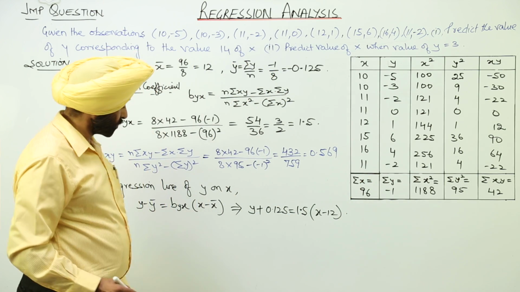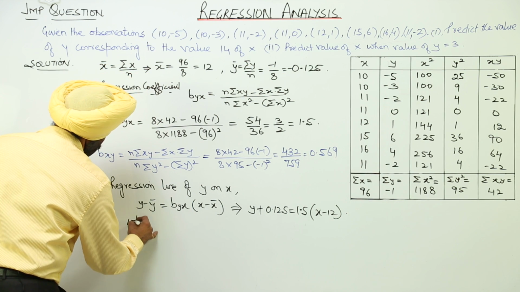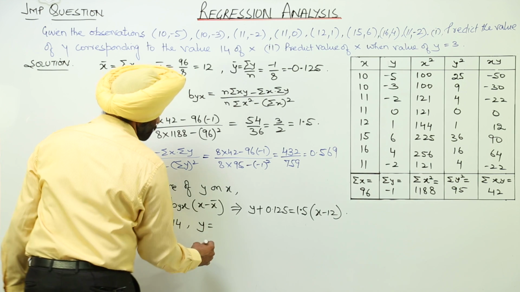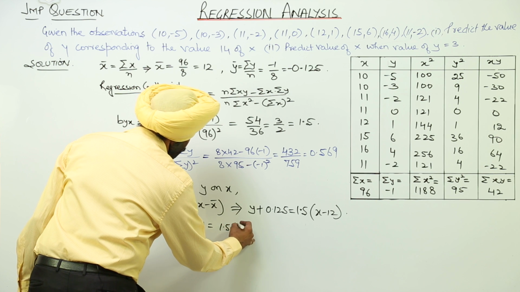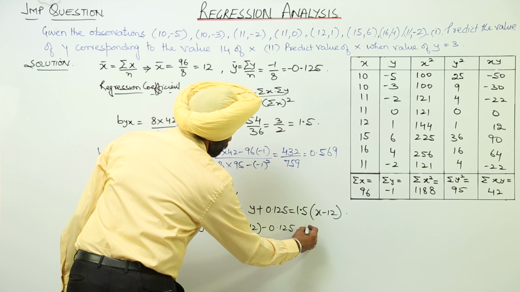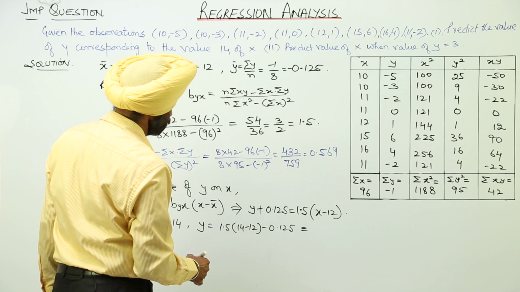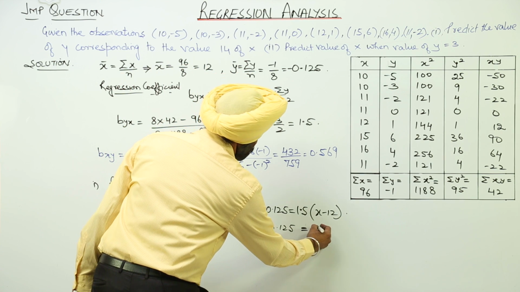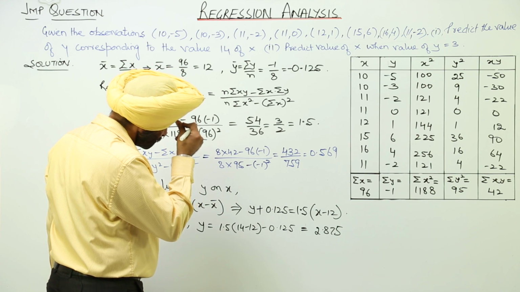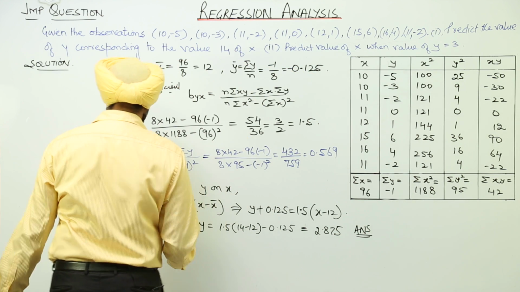So this is the equation. Now when x is equal to 14, y is equal to 1.5 times 14 minus 12, minus 0.125, which becomes 2.875. One of the answers.